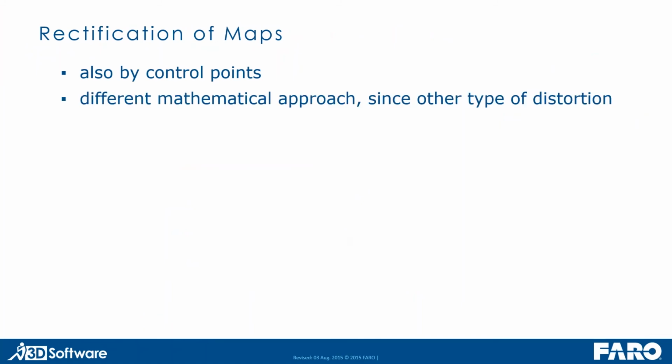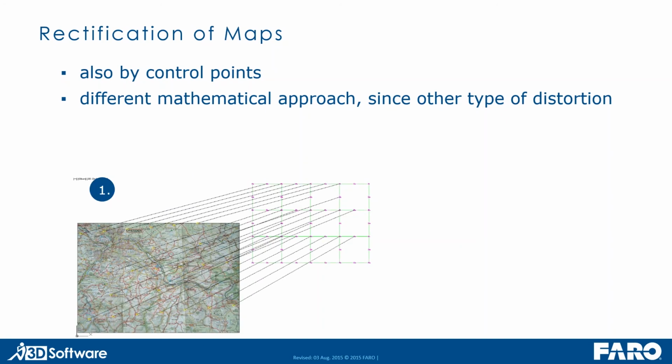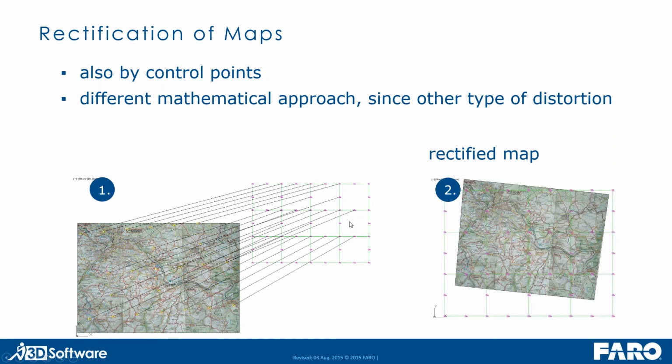The only difference is that we are using a different mathematical approach, since we have a different type of distortion when we are using scanned maps in AutoCAD. But the principle is the same. We do have some control points, and we assign those control points to the image points, and the software will calculate the rectified map for us.